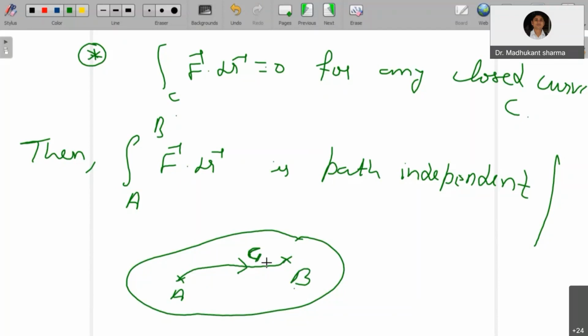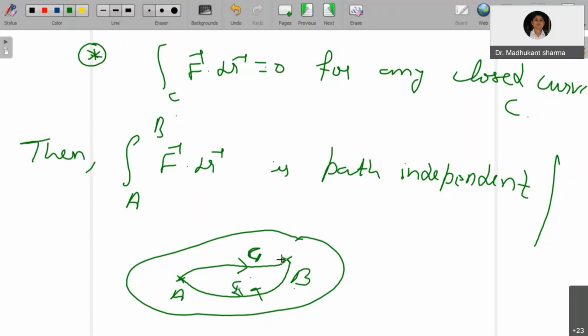Can someone give the hint? So another curve C2 will be there, and both will form the closed curve. Good. So from A to B, you can draw another curve, let's say this is C2. Okay, fine.